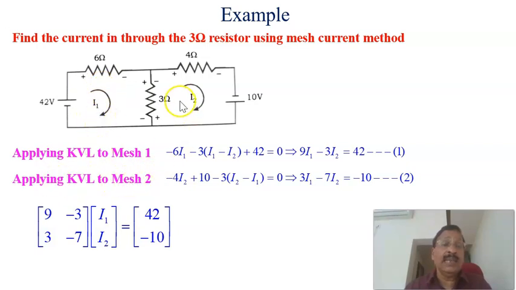Second, applying KVL to the second mesh, we get the drop minus 4 into I2. Then this is also a drop, that is why minus to plus. If you proceed like this in a clockwise direction, this is minus and this is plus, a potential rise.